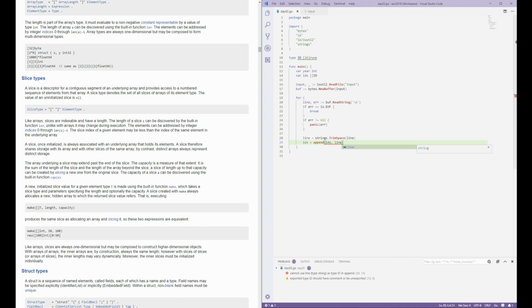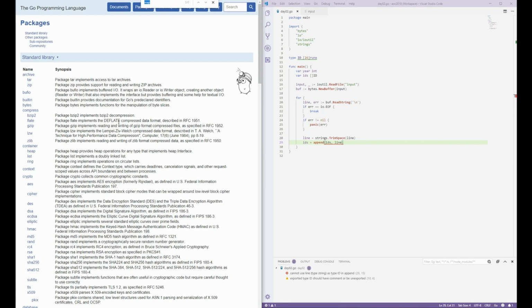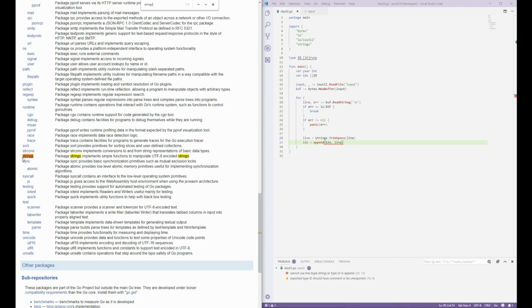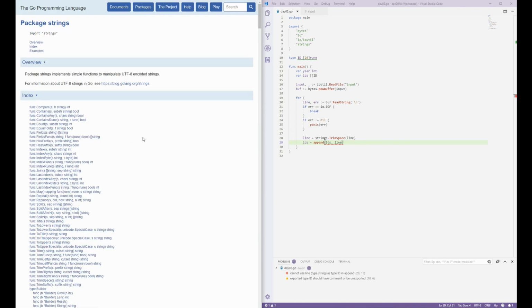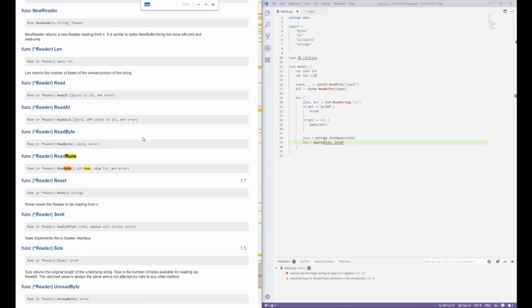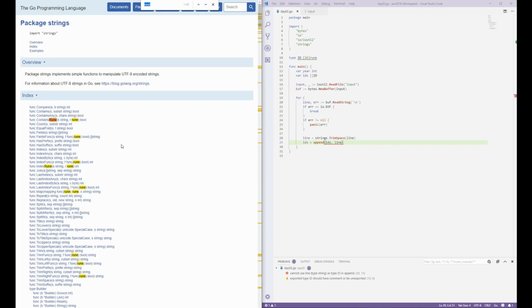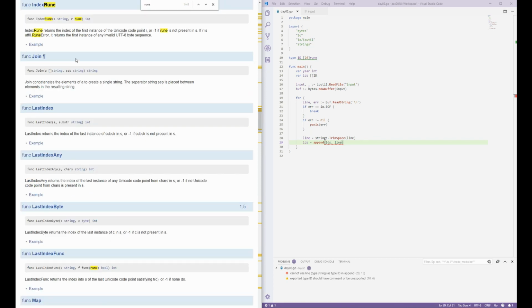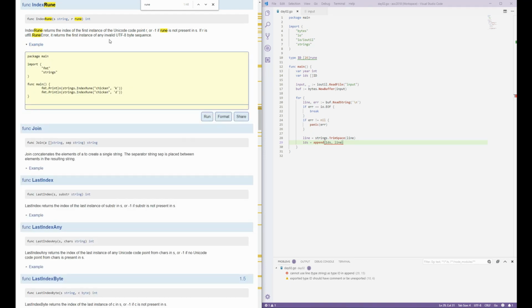Do we have a string? Strings. Can I get the read rune? Index rune. Oh no, that's not what I want.